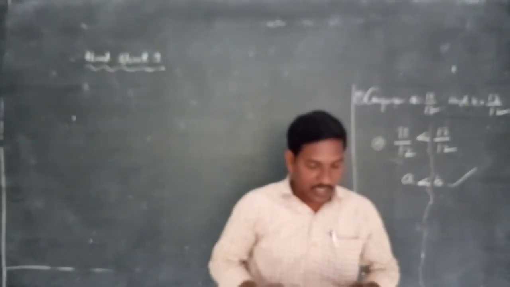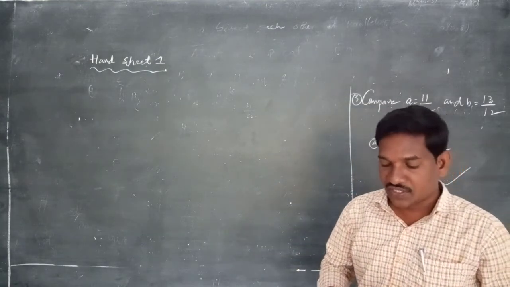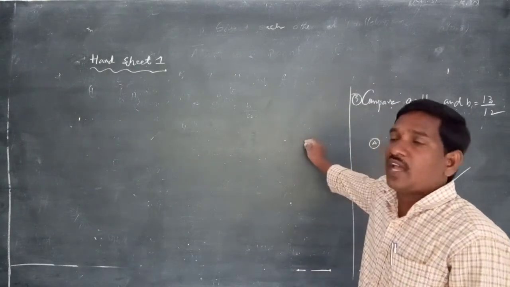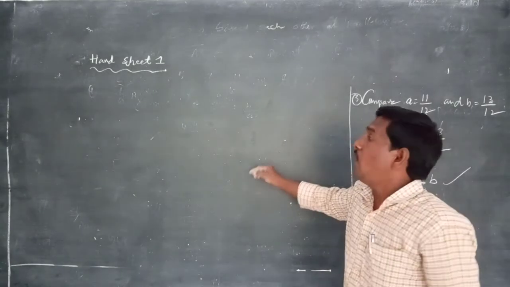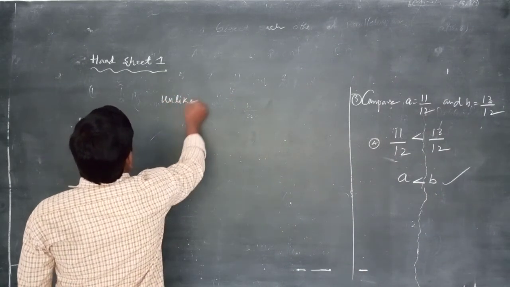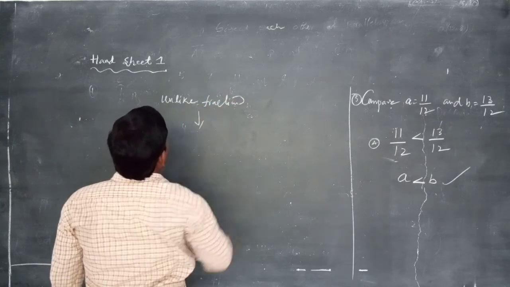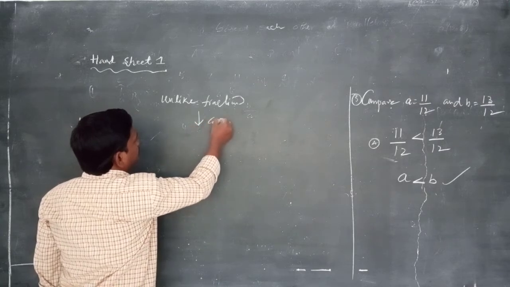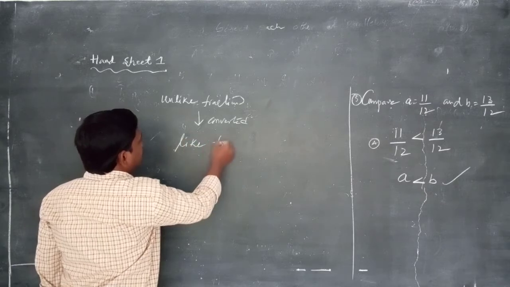And the fifth problem, while converting unlike fractions into like fractions, we find. So in ascending order and descending order, what have we done? When writing ascending order and descending order, all the unlike fractions are converted into like fractions.